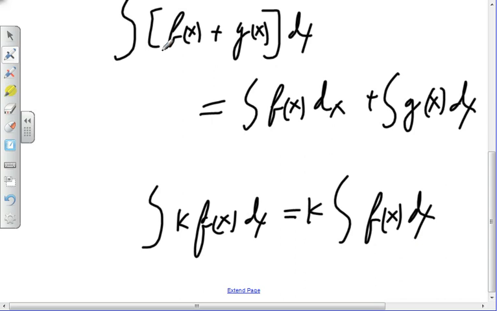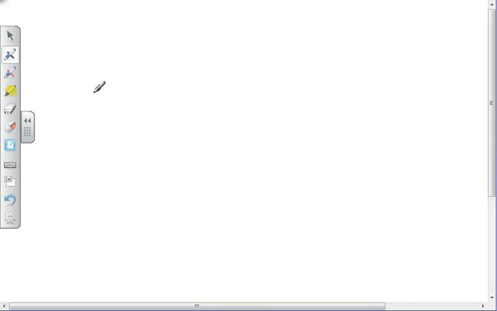Okay, so now I'm looking at problems, problem number 4. I want the integral of 200 x to the 9th dx.